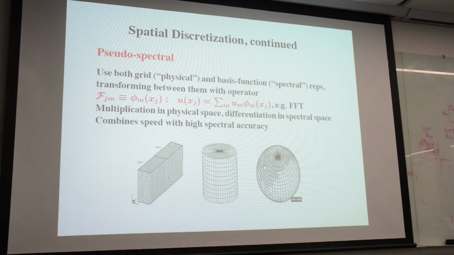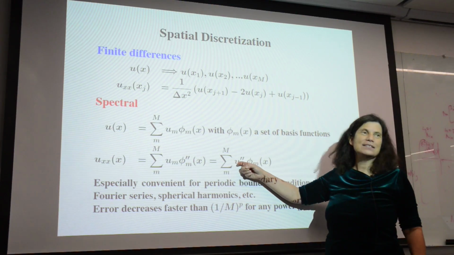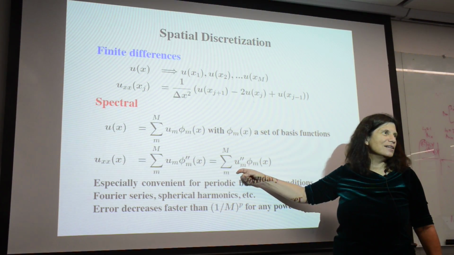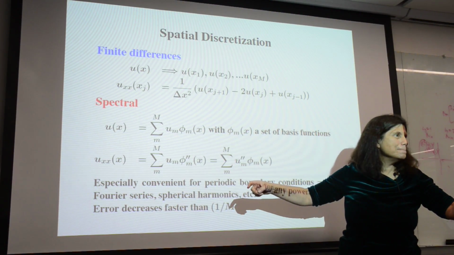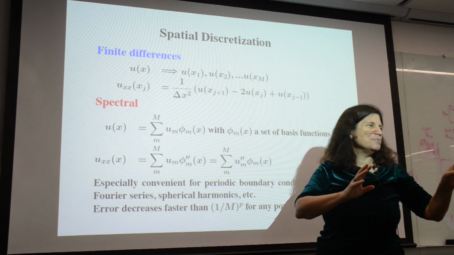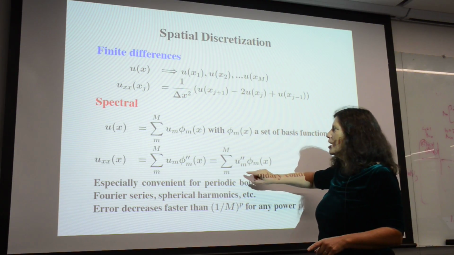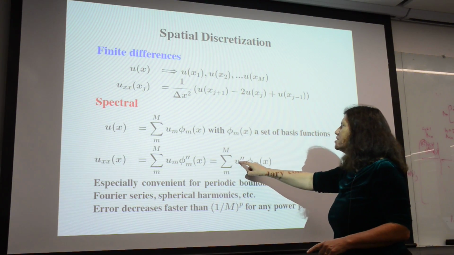Excuse me? Yes? I didn't understand, in the spectral one, u_xx, sigma, u_m, phi double prime. You don't like this because you can't differentiate this? No, I'm sorry, go ahead. I mean, how these two are equal? No, again, my notation seems to be really poor. Sorry, I should have called this some other letter.